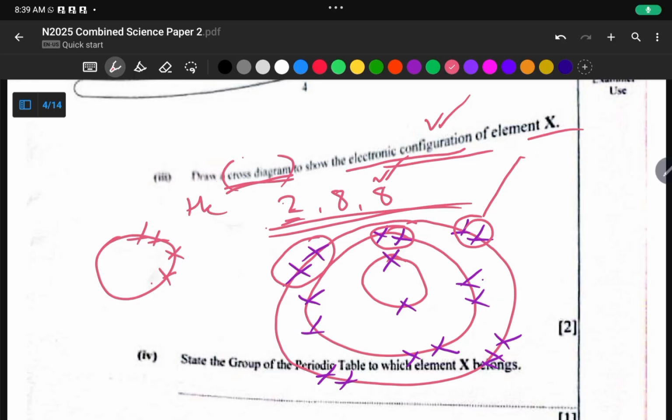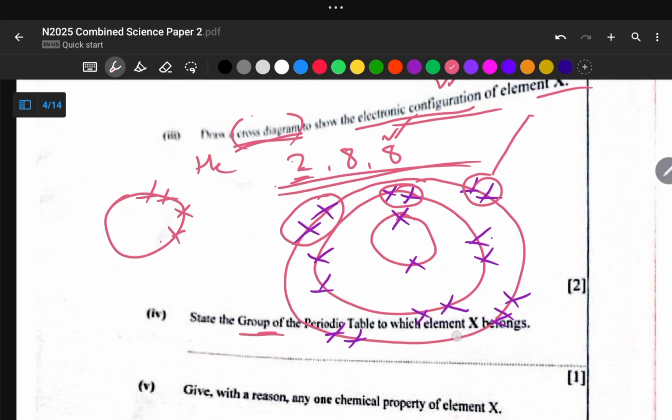Alright, so the question says, state the group number of the periodic table to which the element X belongs. So for you to have a clear picture of the group number without guessing, what you need to do is first to write the electronic configuration in this format. The number at the end, what you call the valence number, the number of electrons in the outermost shell, denotes the group number.